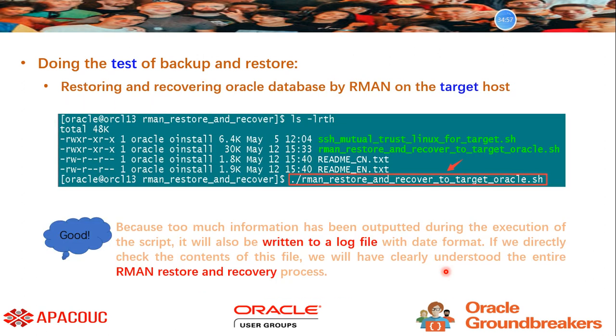Now, this is a critical and also the last step, executing on the target host. Meanwhile, a log file with the current date has been generated after running my last shell script.